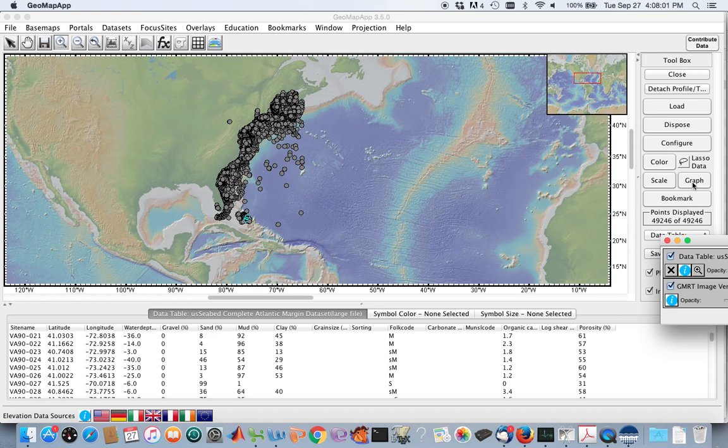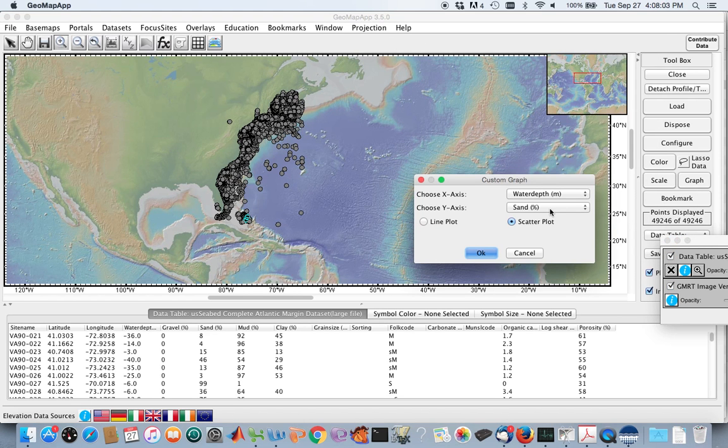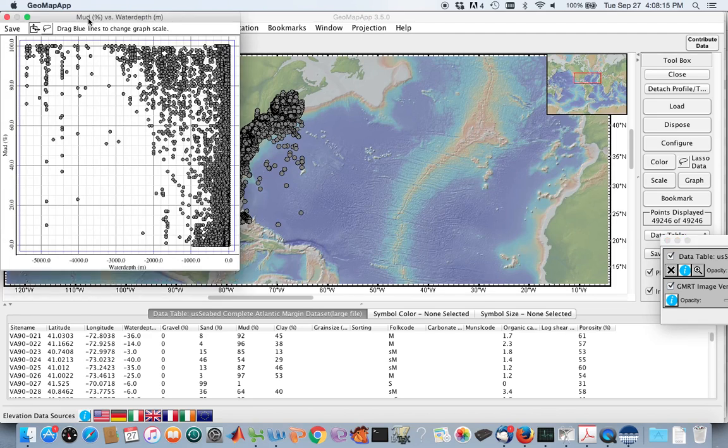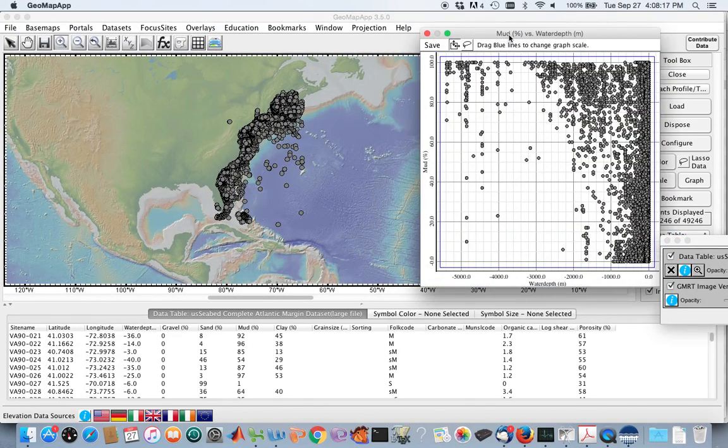Now, if we look at even smaller particles of sediment, say mud, we should actually see the opposite relationship. The percentage of the sediment that's mud should increase with water depth or distance away from the coast. And in fact, we see that.